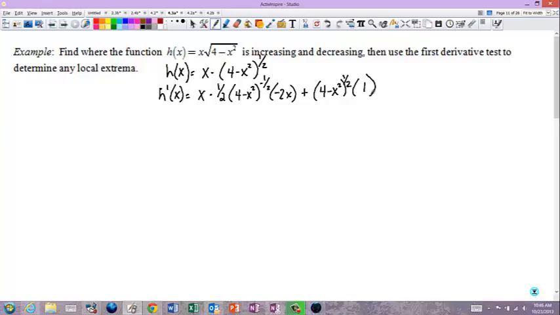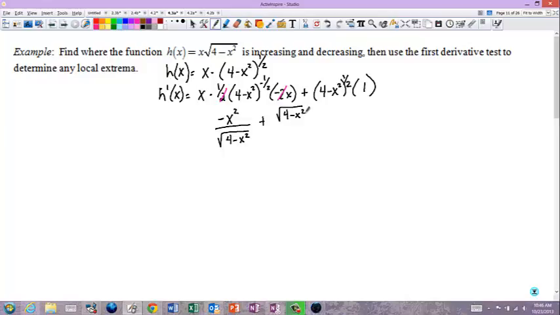The 2 and the 2 cancel out, and we wind up with x times x, which is x squared, over the square root of 4 minus x squared, and it is negative because there's a negative sign, plus the square root of 4 minus x squared.